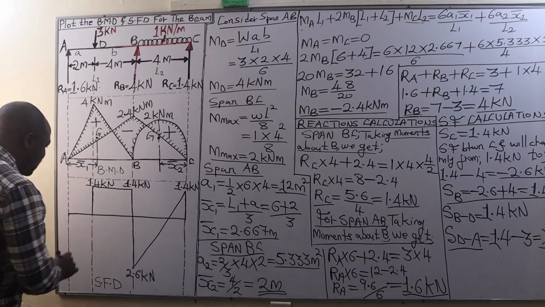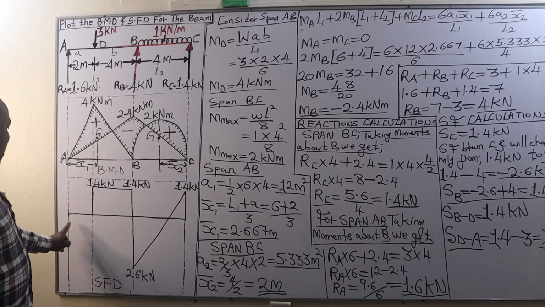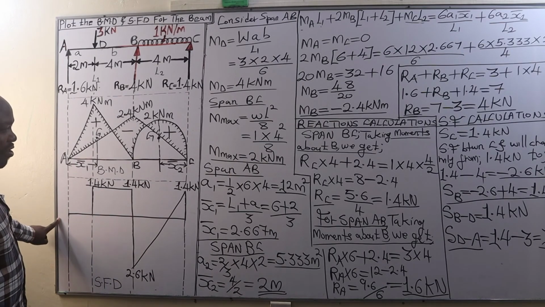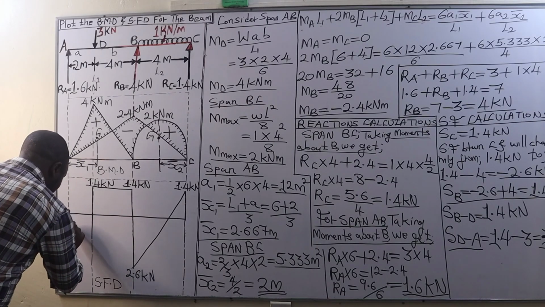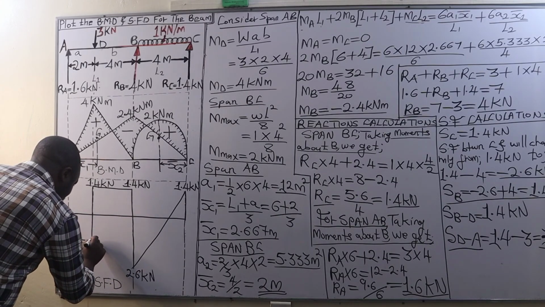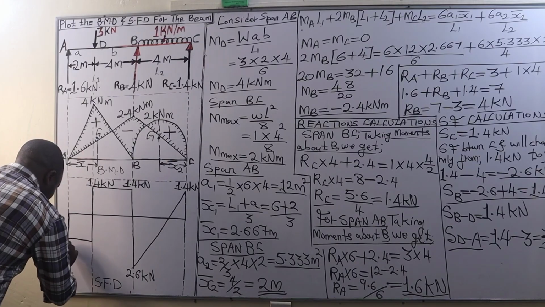Then finally the shear force between D and A, negative 1.6 kilonewtons, and that is going to be approximately here. And so we finish it in that form.